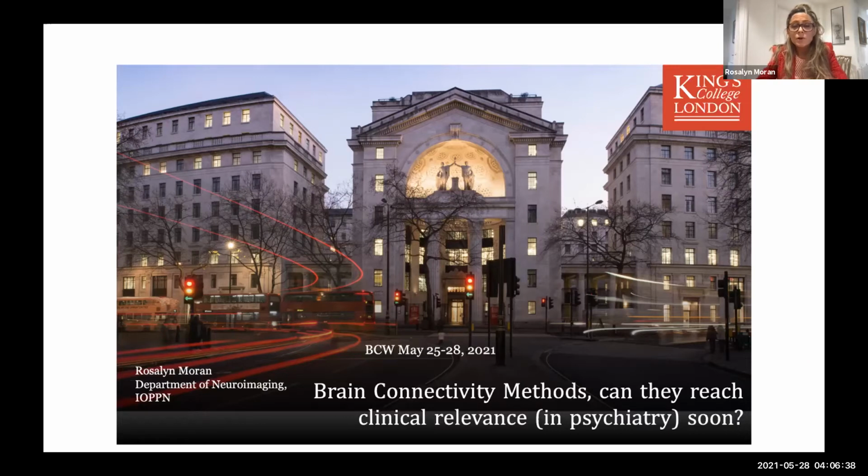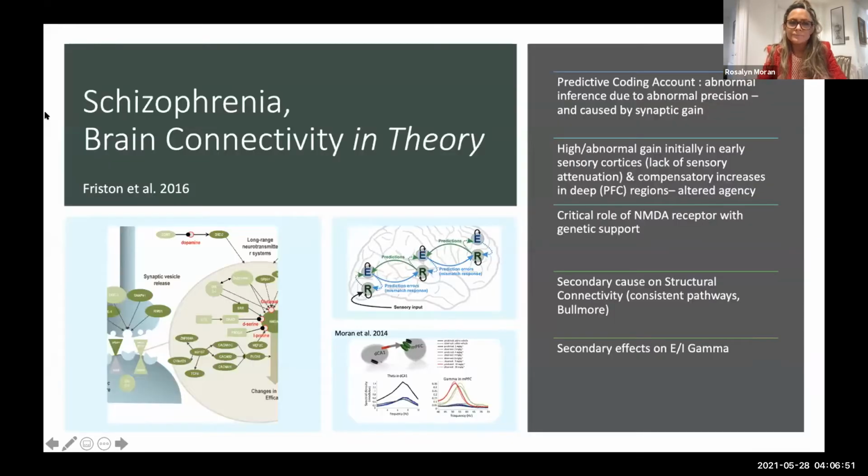disorders. So what I'm going to do is frame in a very thin overview and review the connectivity evidence and theory in schizophrenia. And so what I wanted to frame it on was predictive coding.